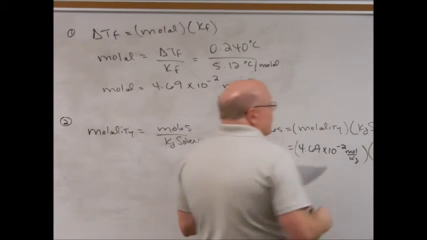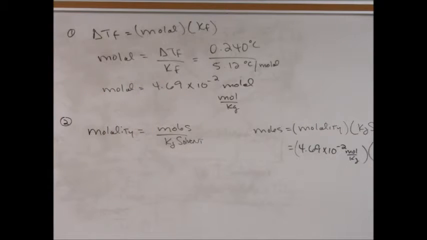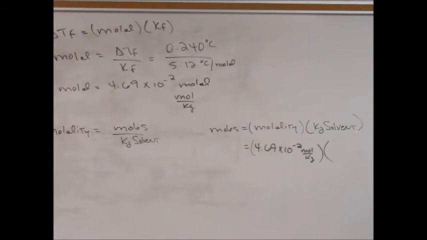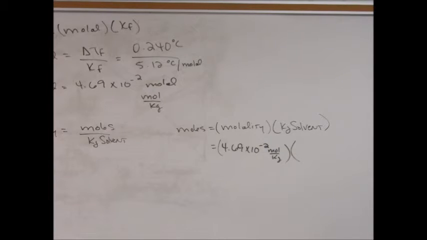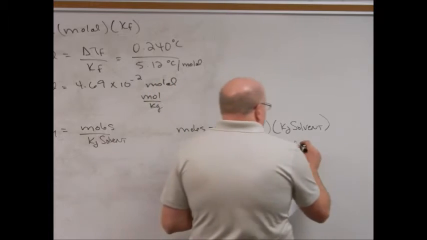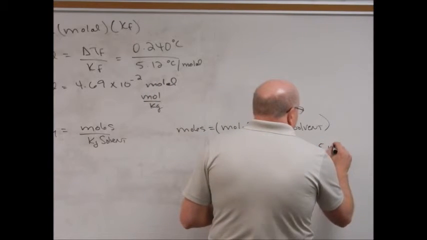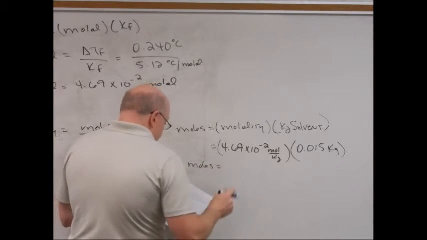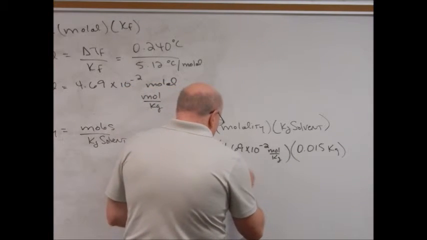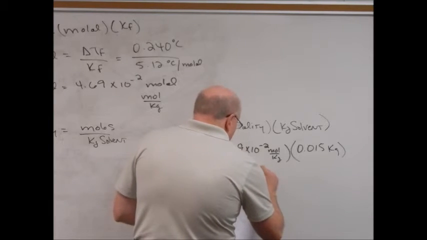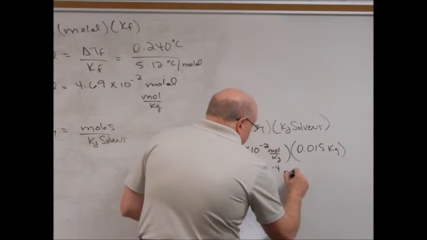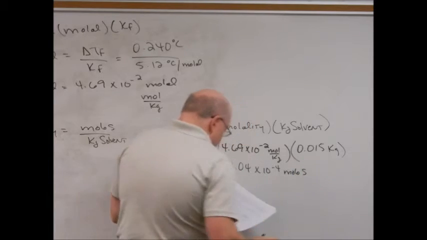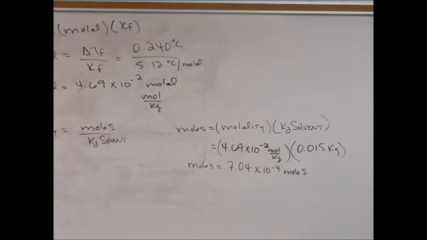The kilograms of the solvent was given right here, but it's 15 grams. So make sure you put it in kilograms. We have 0.015 kilograms. You have about 7.04 times 10 to the minus 4 moles of the material.